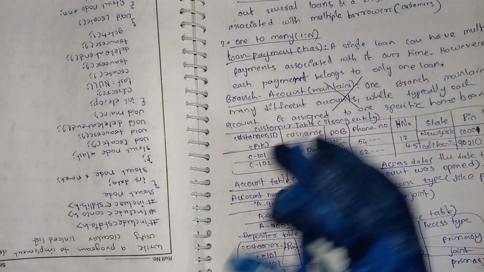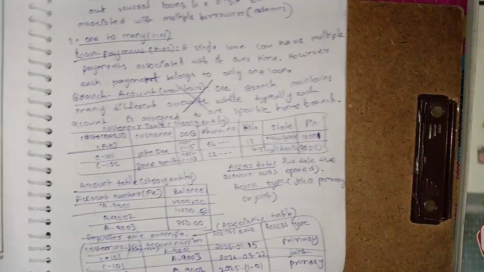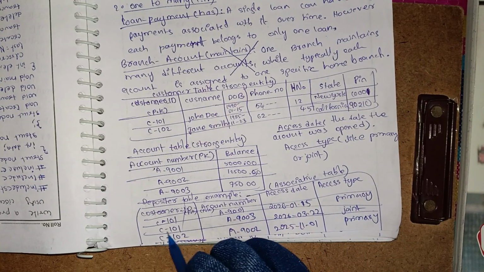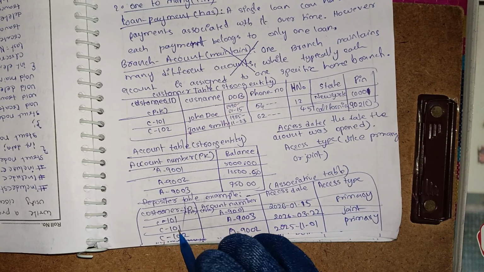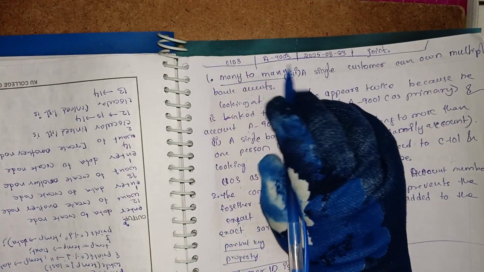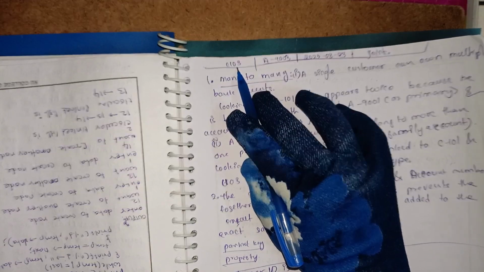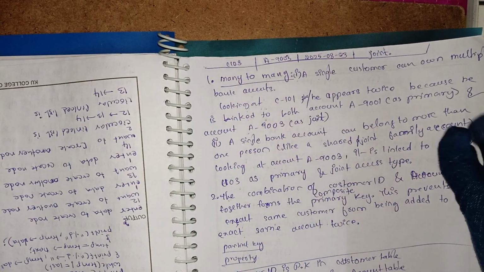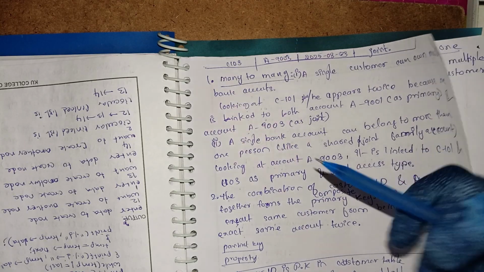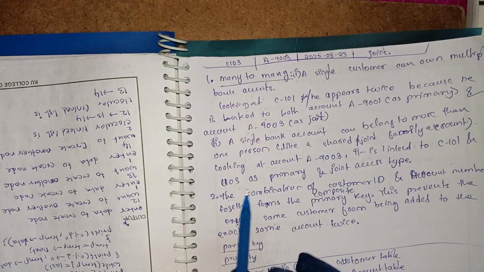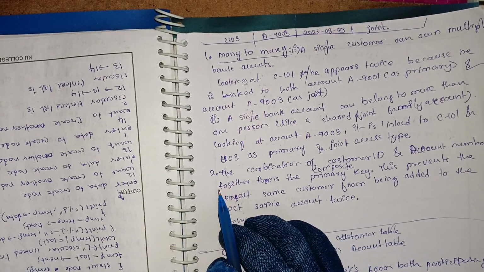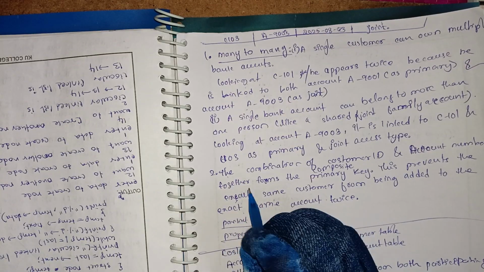A9003. A9003 is linked to C101 and here linked to C103, means a single account belongs to more than one person, as a primary and joint access respectively.